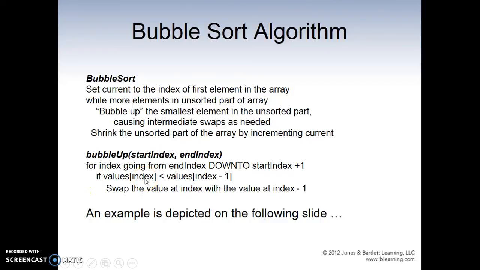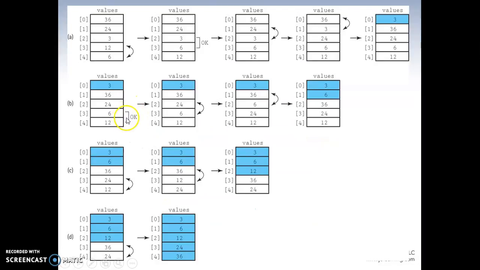So the value at index now is 12. Is it less than 6? No, it's not less than 6. So it's a false statement, so it never swaps. Let's skip, so that's why it's okay here.